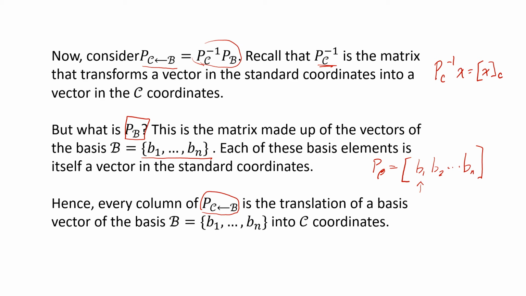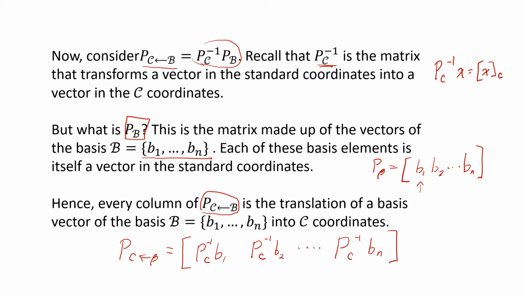So the matrix that converts from B to C is equal to PC inverse times B1, PC inverse times B2, and so on, PC inverse times Bn.